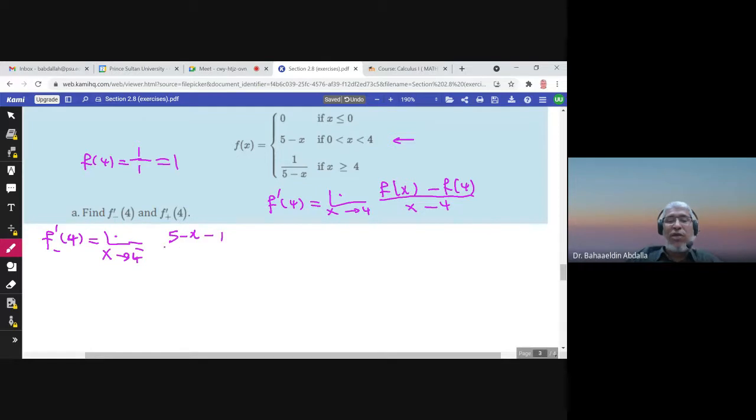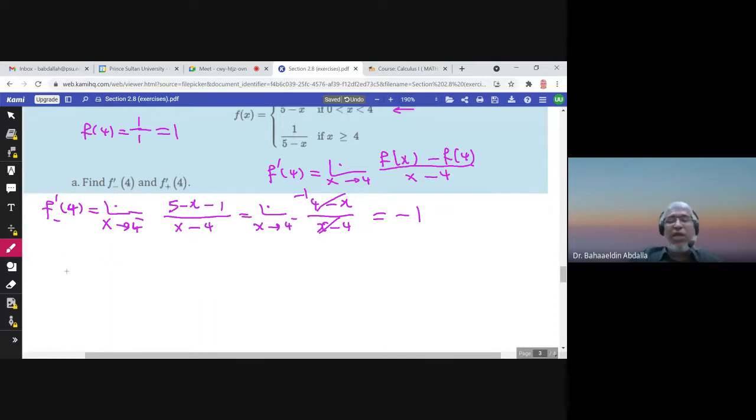So 5 minus x minus 1 over x minus 4, which is 4 minus x over x minus 4. We can cancel these because the ratio between them is -1, and the limit of -1 would be -1. So the left derivative of the function at 4 is -1.